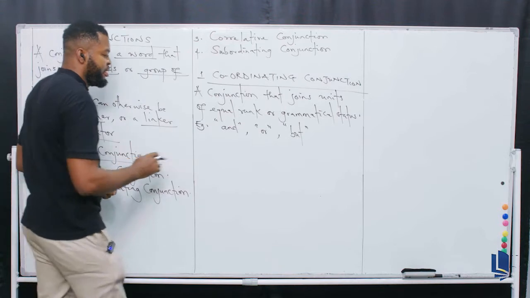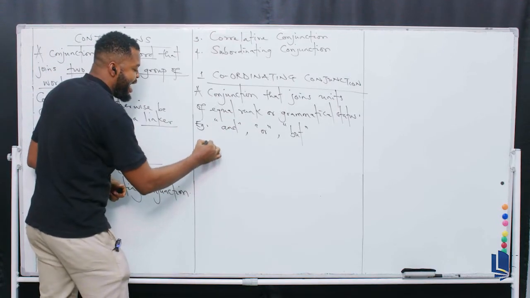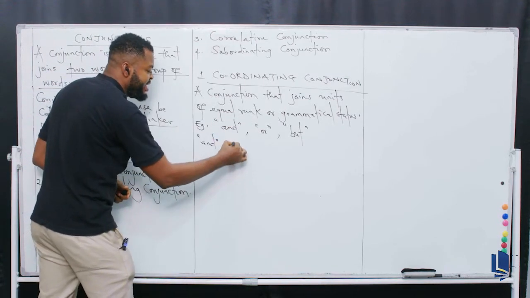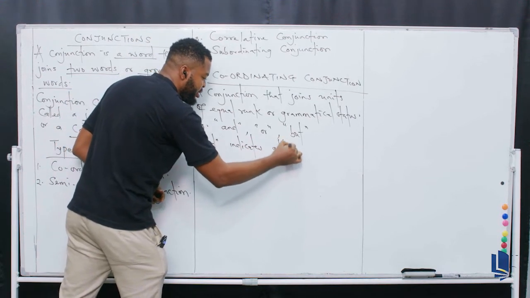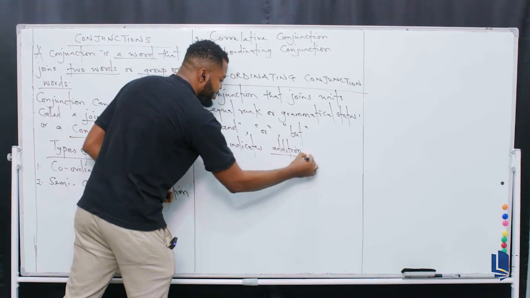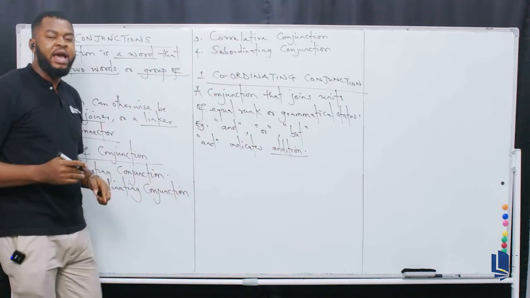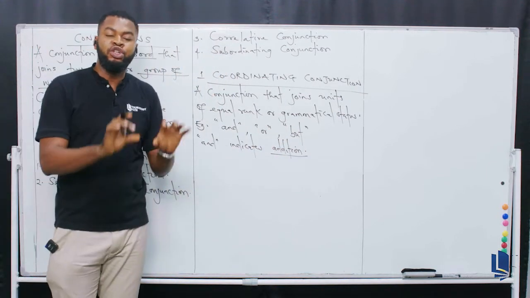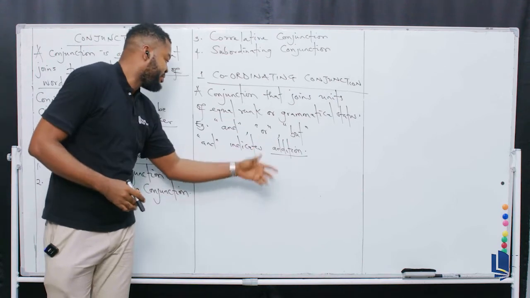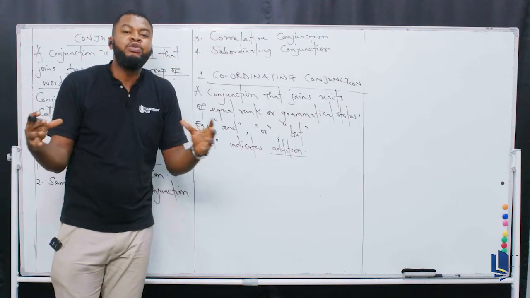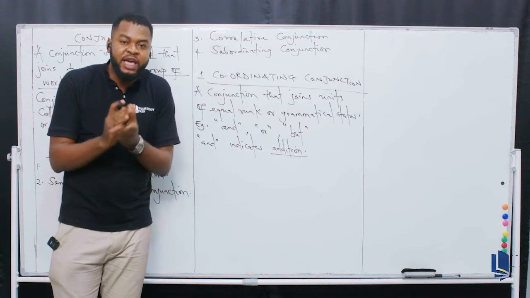Remember, what's the major function? "And", A-N-D, indicates addition. Any moment you use the coordinating conjunction "and", it tells you about an addition. You're bringing two things together.